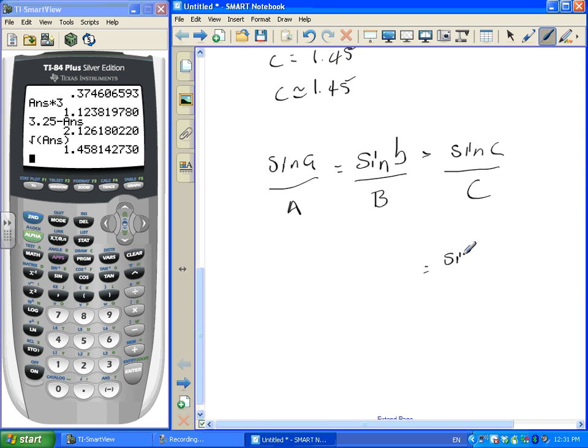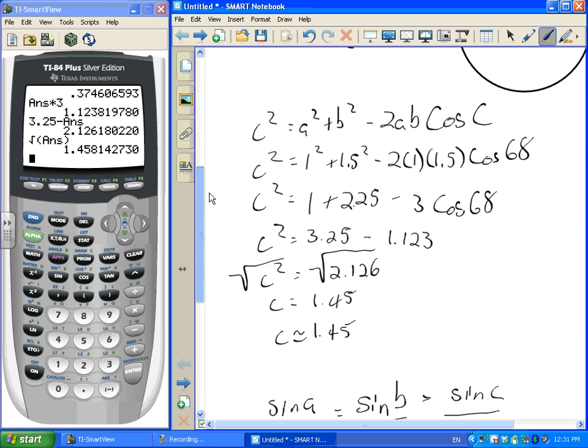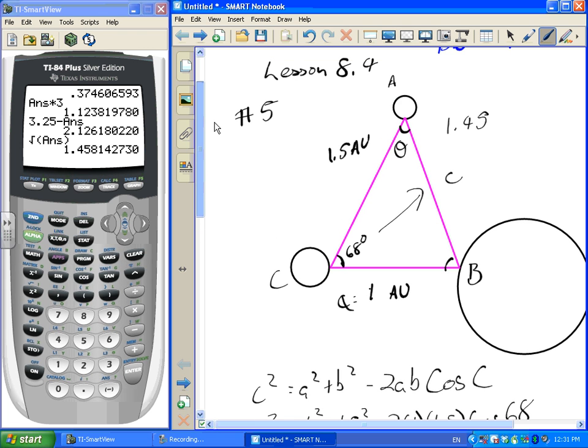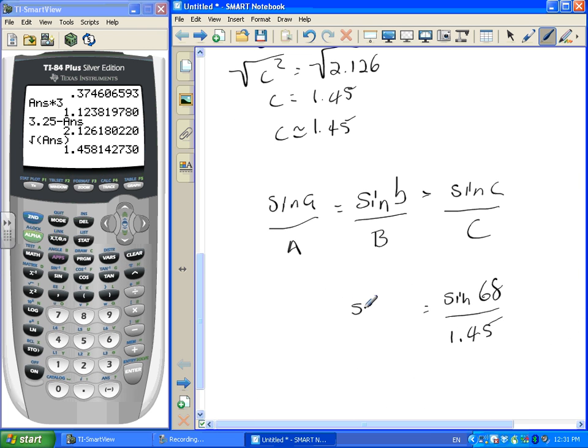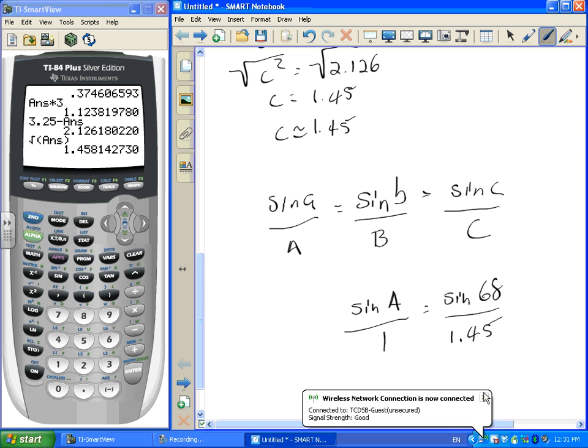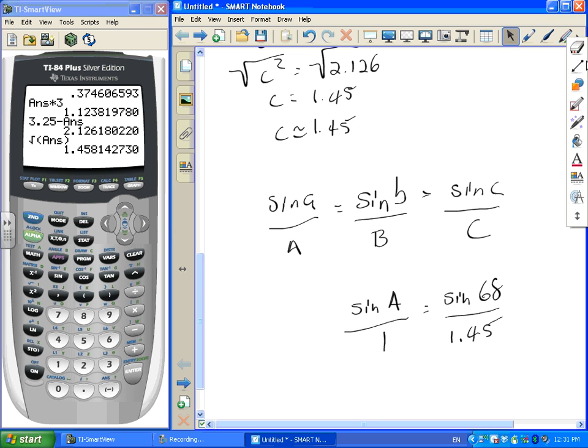So I have sine of 68 divided by 1.45. I want to know the angle of Mars, which we called A. So I'm going to set it up with sine A, which is what we're looking for, and our side A was 1. Remember, I can drop the B ratio because I'm not solving anything in it, so I just put those two beside each other.